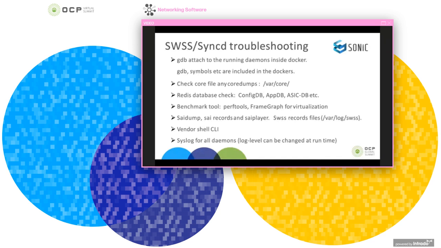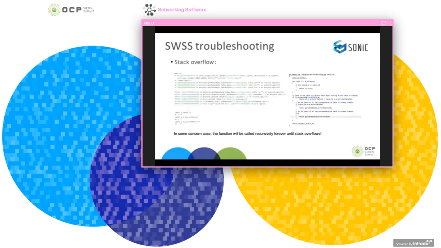This is very good for ASIC vendors to reproduce the issues. And we use Vtysh CLIs to debug, and the syslog, of course, is always good. If you have errors from different daemons, you can turn on different log levels to see them.